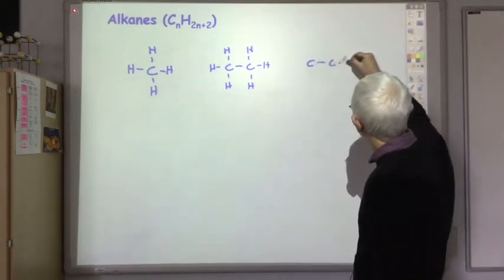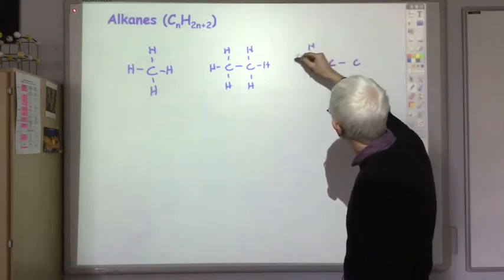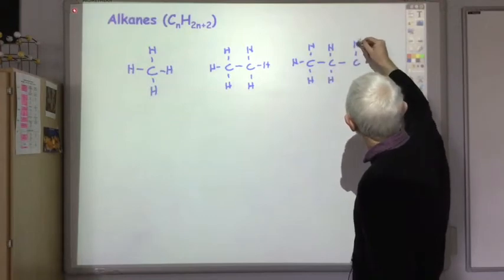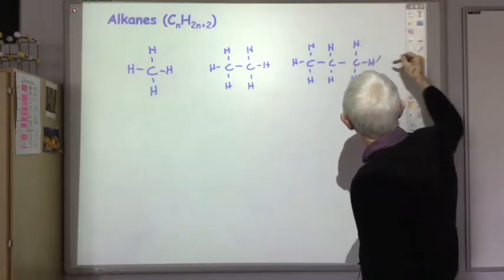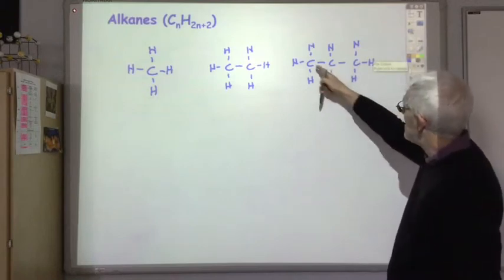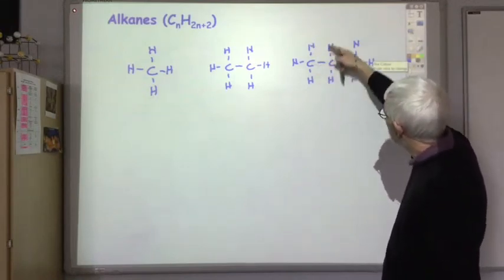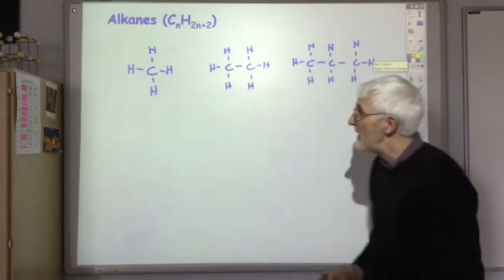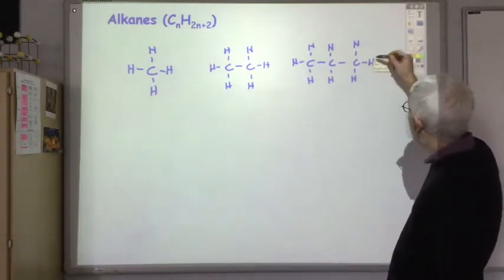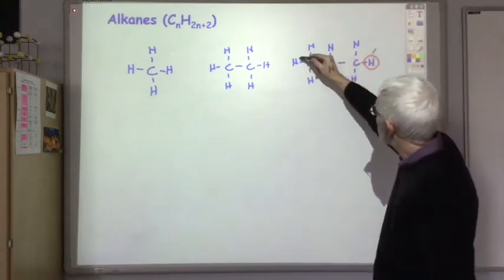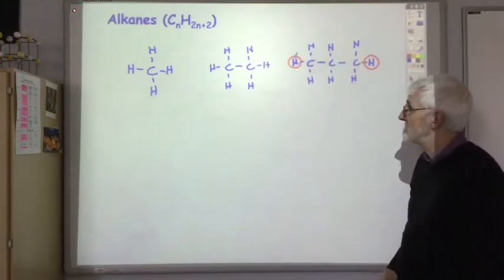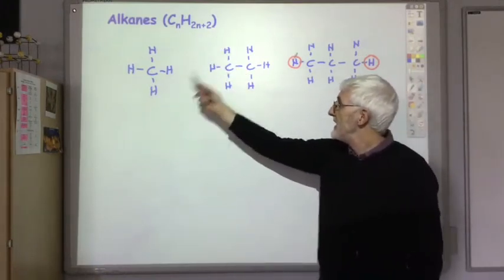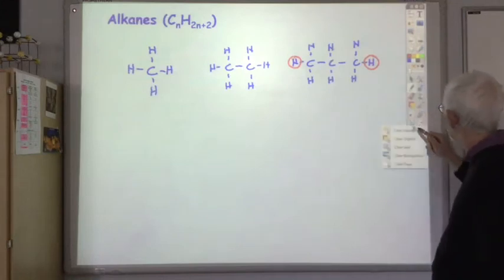So the next member has got 3. And you notice that each carbon atom has got 2 hydrogens on it, which is where the CnH2n comes from. But in addition, the 2 end carbons also have an extra hydrogen, which is where the +2 comes from. So this is methane, ethane, propane.